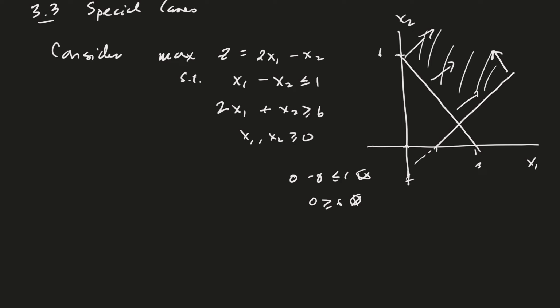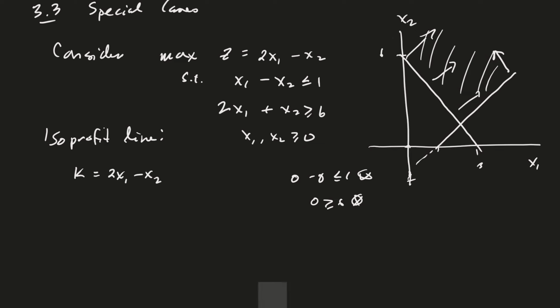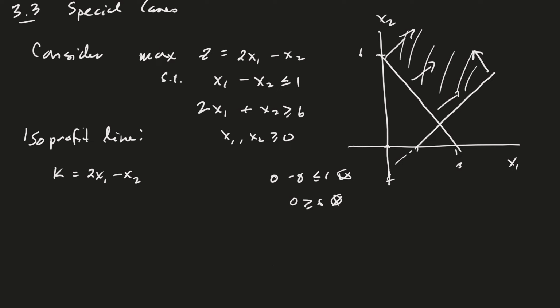Now I'd like to take a look at my isoprofit line, which means I'm going to convert z to a constant k. So k = 2x1 - x2. Thinking of x1 and x2 like an x and y, if I move x2 over, I see that x2 = 2x1 - k.